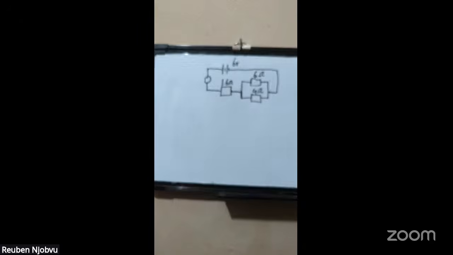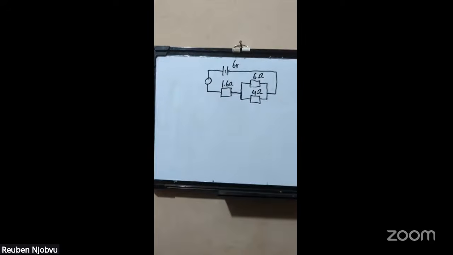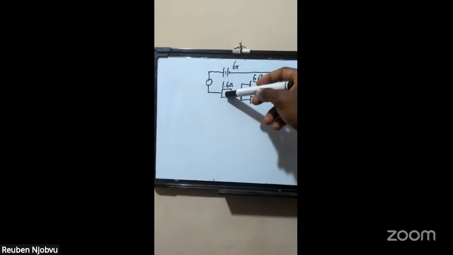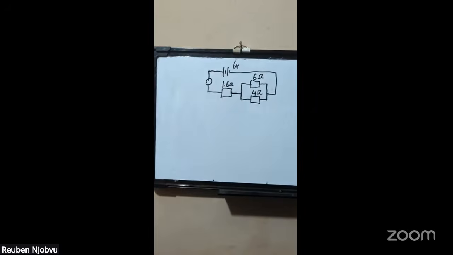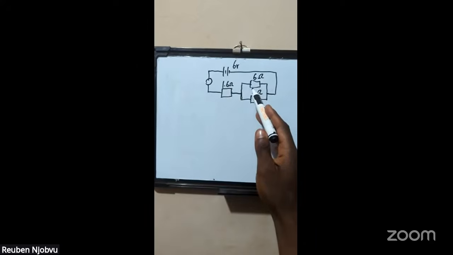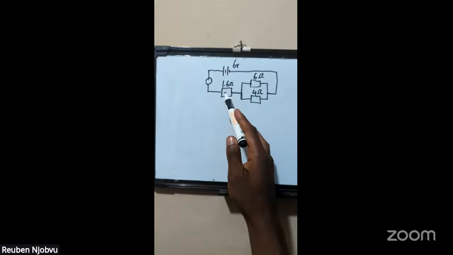Now, the first question is to find the effective resistance. This is in parallel and this is in series. So what you do is this. When you find the total for the one in parallel, you just add it to the one in series.